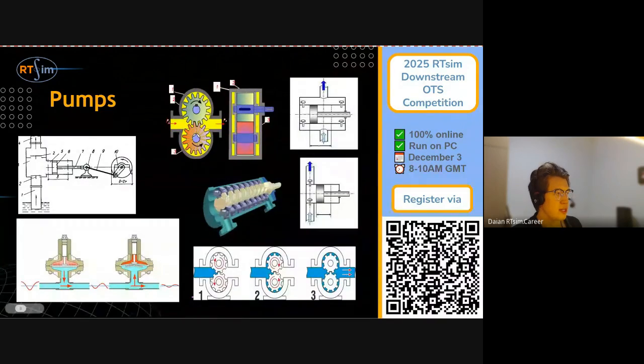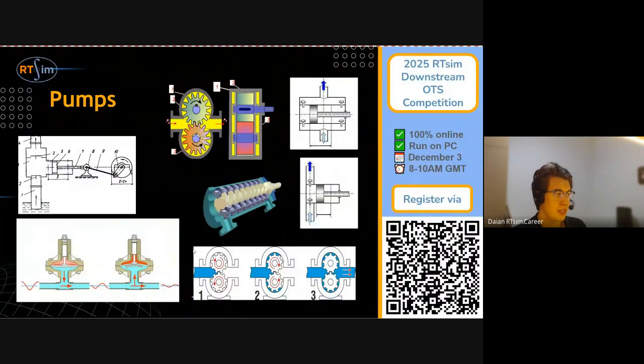There are really a lot of different types of pumps: piston pumps, single acting, double acting, and maybe one of the commonly used is the diaphragm pump, external gear pump, and screw or helical pump.